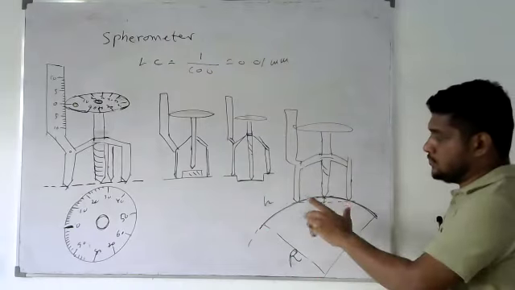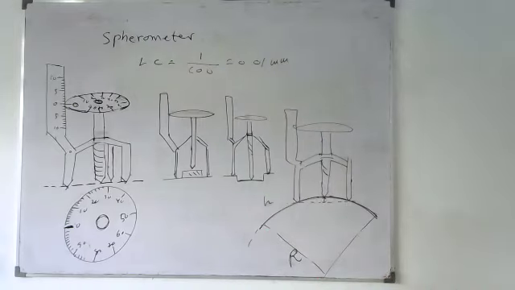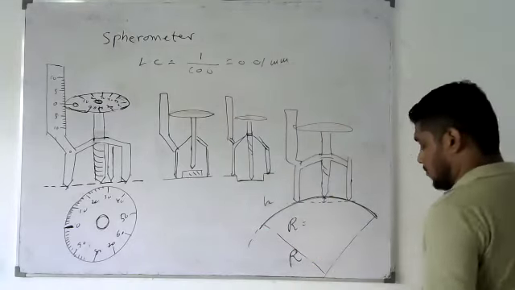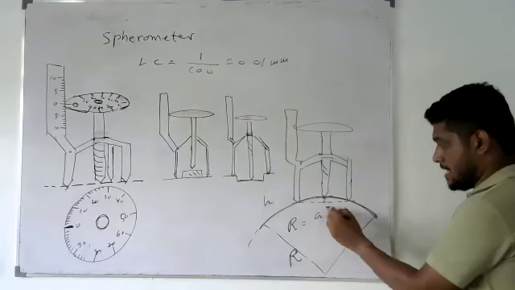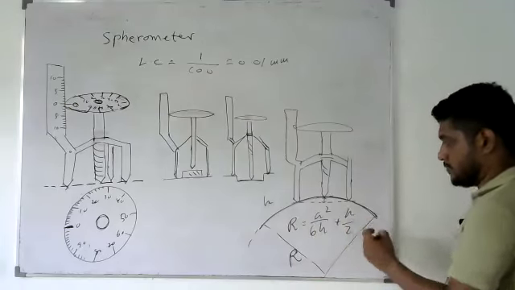So after you measure this height, you have to use an equation, a formula actually, that is r equals a squared divided by 6h plus h divided by 2.